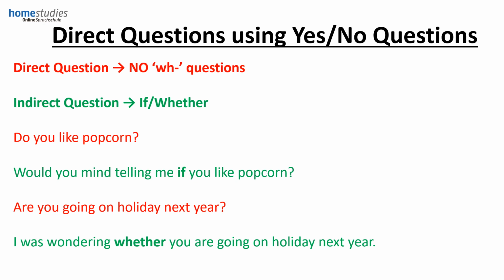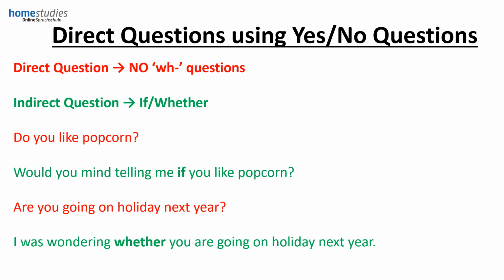Well, I don't know whether you like popcorn or you don't like popcorn, but I'm expecting your answer to be either yes or no. And notice there is no WH question within the question. So, when we make it into an indirect question, we would say, would you mind telling me if you like popcorn?